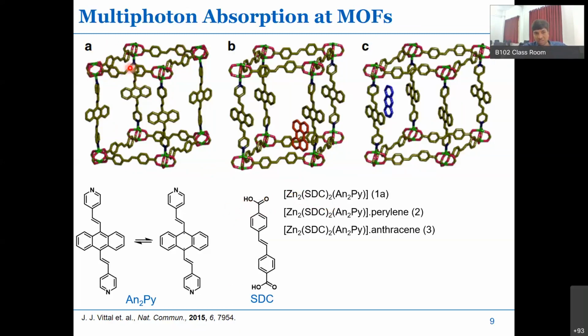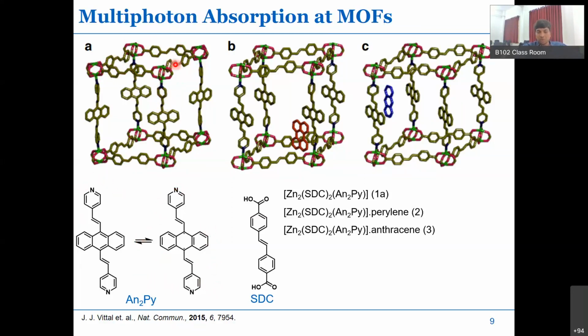So zinc, SDC, zinc, SDC, zinc, and SDC. You see here, it's like a one 2D plane. It is continuous in all directions of the plane. Then the same layer can be observed below as well, and these 2 layers are bridged by another linker called anthracene dipyridine linker.